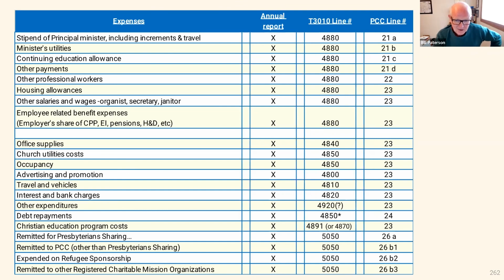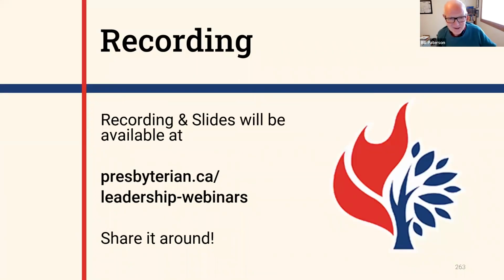And then down at the bottom of that form, just as Karen was going over, how you break up the donations to both the national church and other charities. So the good thing about this form is it shows you where you have a choice to be made, and you don't have too many. Most stuff goes in line 23. Okay, that's my presentation.